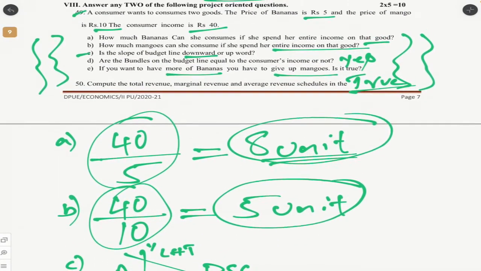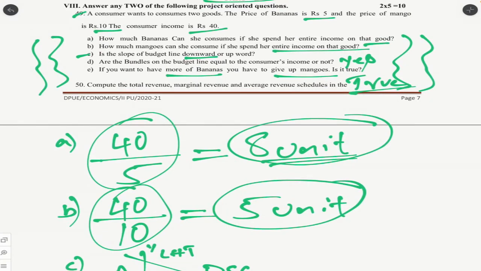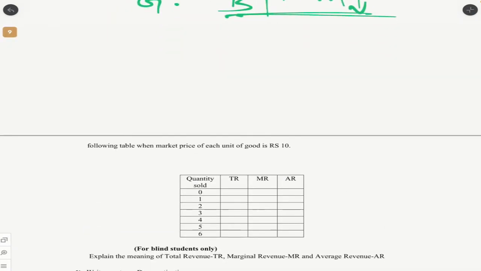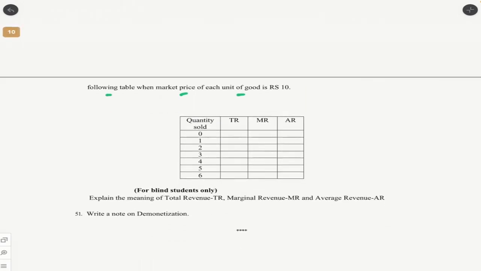Let me read the question. Compute the total revenue, marginal revenue and average revenue schedule in the following table when market price is equal to rupees 10. So here is a table which is given to us, and we just have to find out TR, MR and AR.